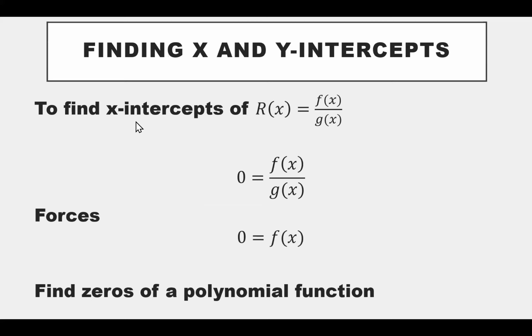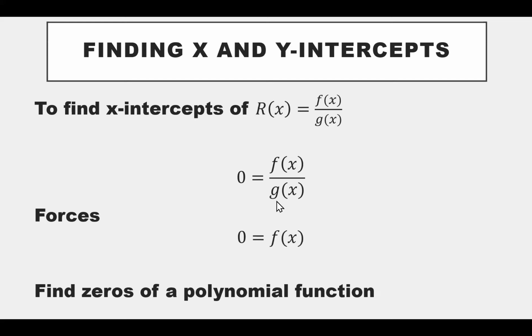Now, I want to point out something about finding x-intercepts. If we plug in 0 for our output, that means 0 is going to have to be equal to f of x divided by g of x.